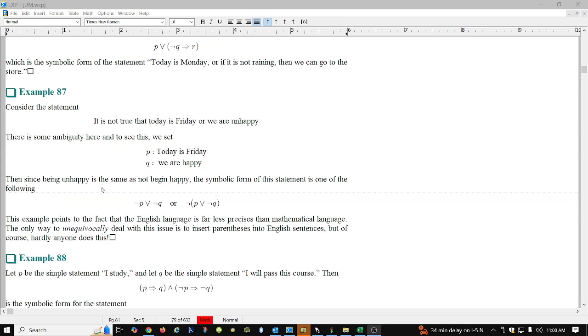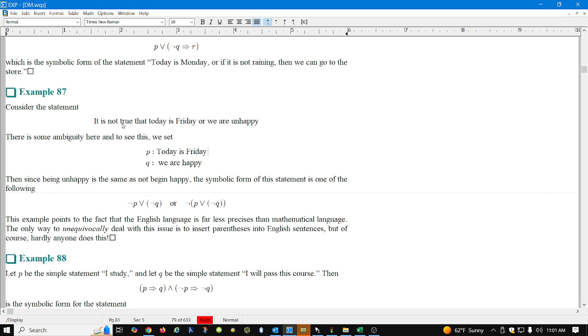The symbolic form of this statement could be either not P or not Q. And here I didn't put the parentheses. I should, I suppose. It's not always necessary. But these are two possible interpretations of it is not true that today is Friday or we are unhappy.